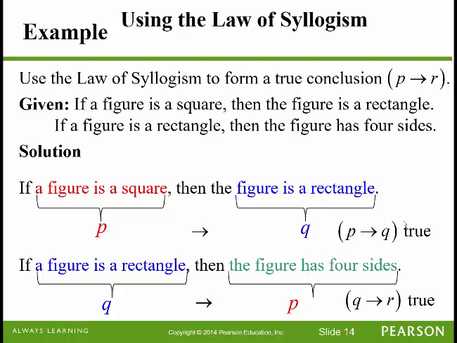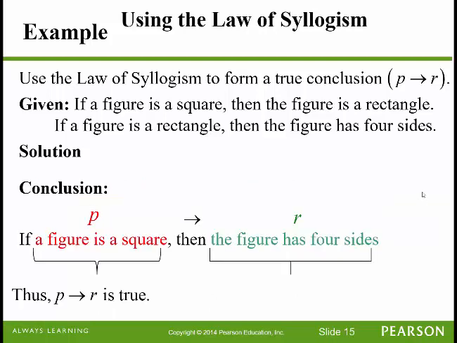So both P implies Q and Q implies R are true. Then P implies R must also be true. If the figure is a square, we knew it was a rectangle, then the figure has 4 sides. So we can say that P implies R is true.